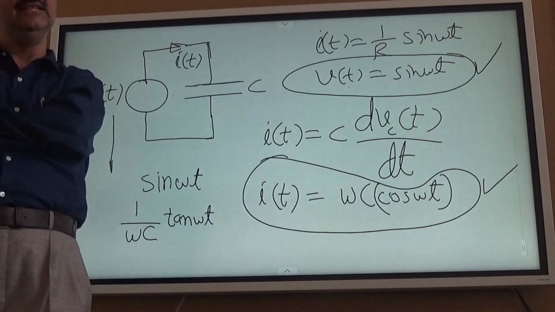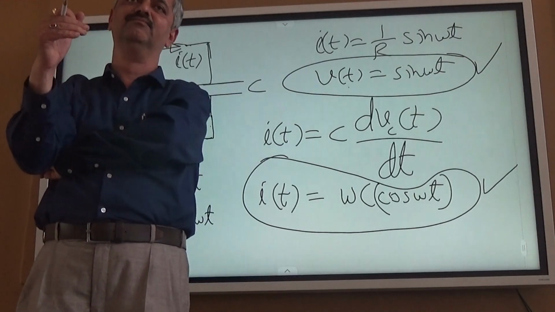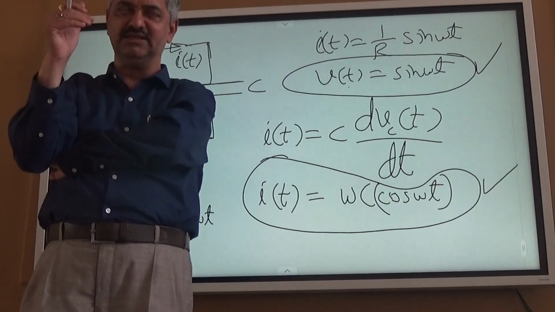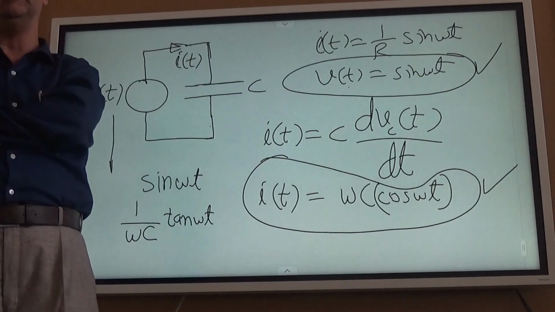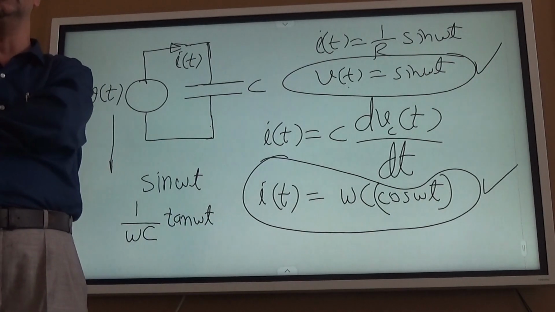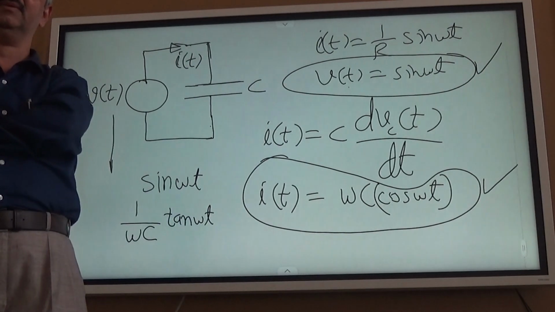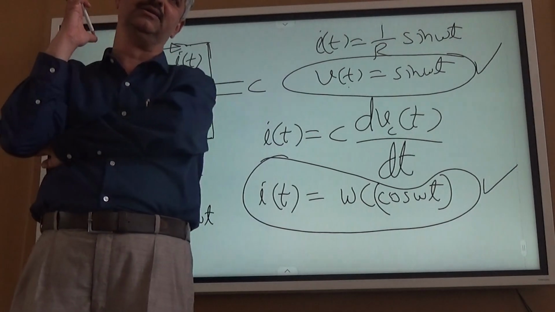If you take the instantaneous ratio of a cosine wave and a sine wave, it will oscillate between minus infinity and infinity, depending upon at what point you are.